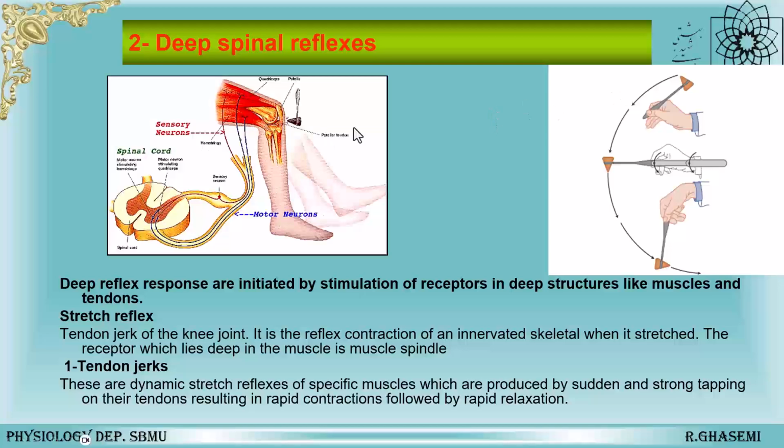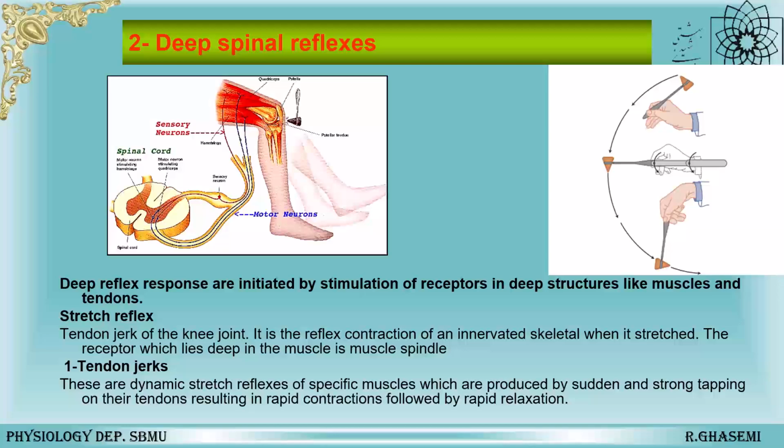We use a reflex hammer like this, where the hand is fixed and the wrist is moving, and the hammer tip will hit the muscle tendon and it should be sudden.